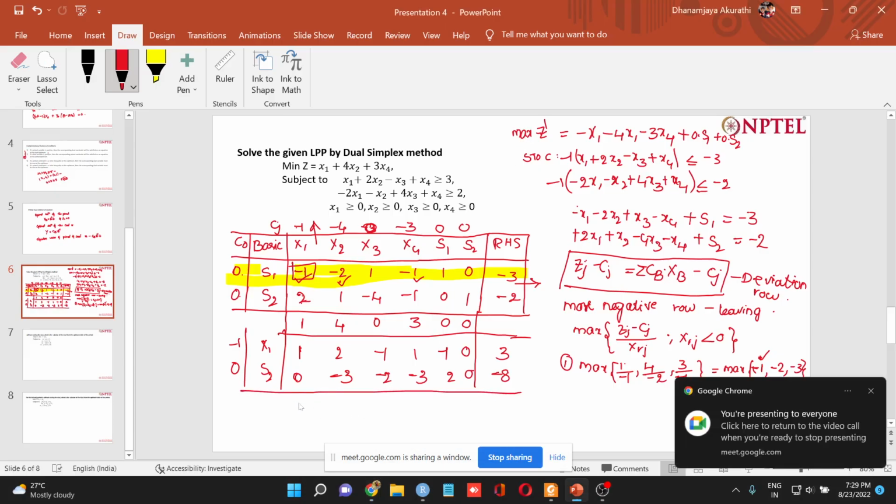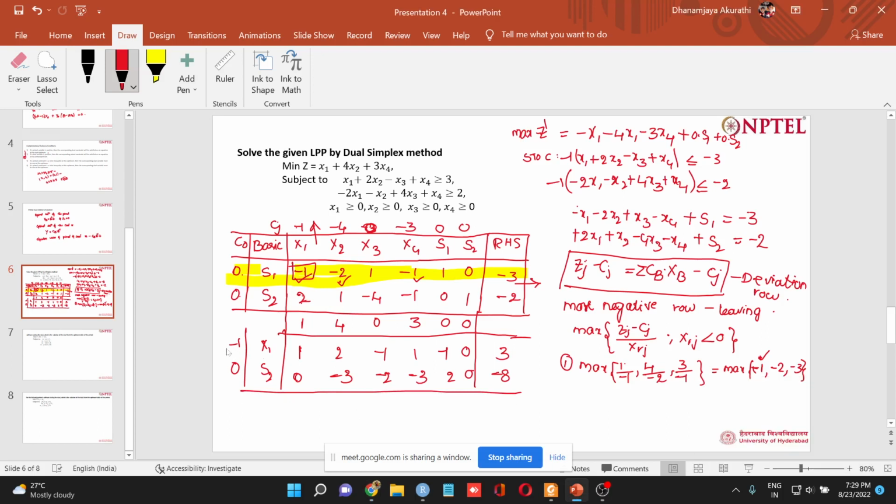After getting this, the deviation rows are Zj minus Cj. Here Zj means Cb into Xb. In a similar way, I had these values.